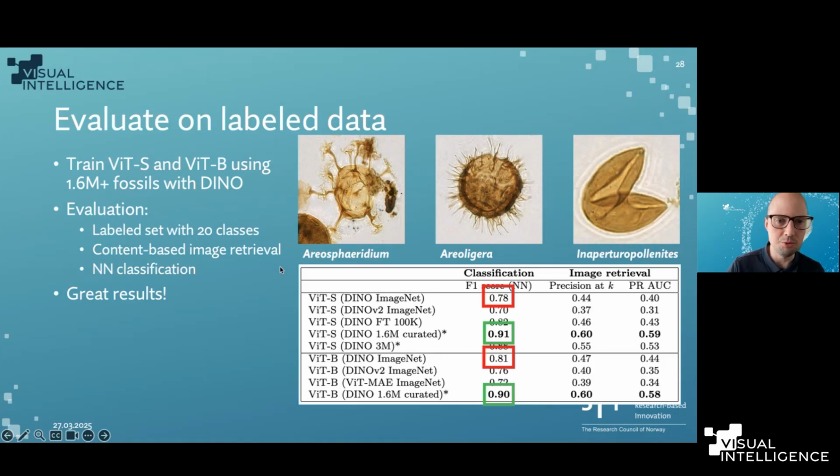So the results that I have highlighted here are from the nearest neighbor classification F1 score, which is the harmonic mean of the precision and the recall. So the red squares are the best pre-trained foundation model, which is the DINO model trained on ImageNet, and the green squares are the models that we train on our data.